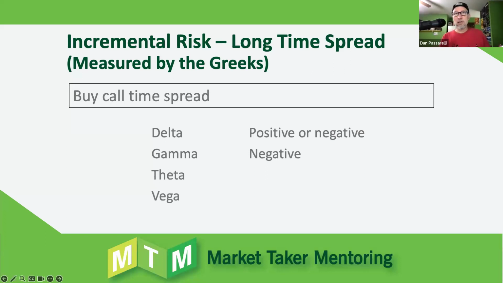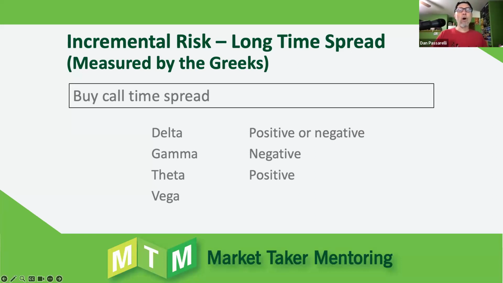Negative gamma, in the simplest terms, means your deltas move the wrong way. The more the stock moves, the more adverse your deltas get. When the stock goes higher, you get more and more negative delta. If the stock goes down, you get more and more positive delta. That's negative gamma.